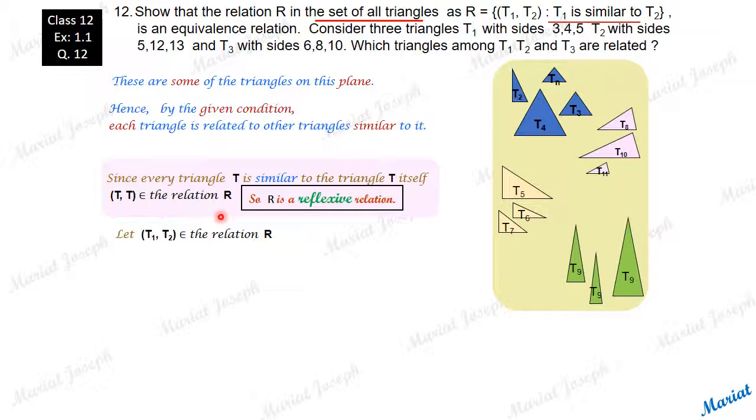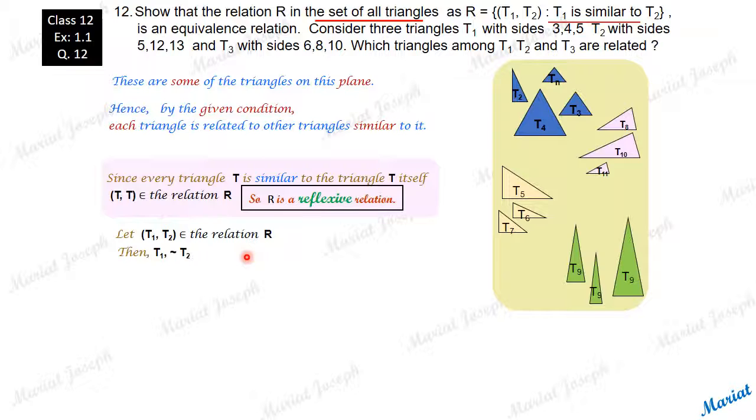Now, to see whether it is a symmetric relation, whenever there is a triangle T1 related to T2, we should be able to say T2 is related to T1 also. Or in other words, if the T1, T2 pair belongs to the relation, then the T2, T1 pair should also belong to the relation. Let's see, is it possible?